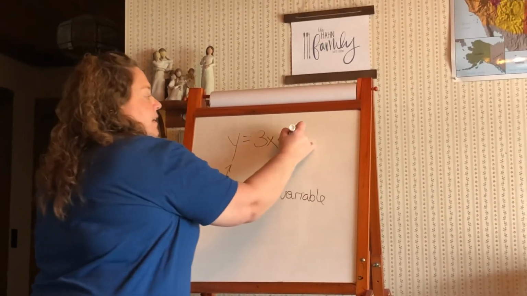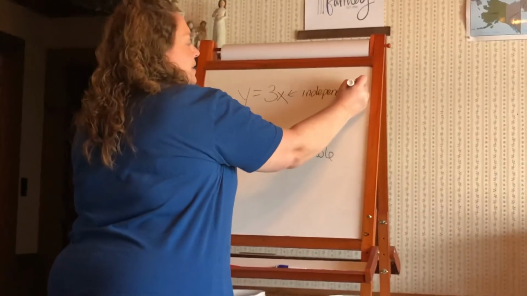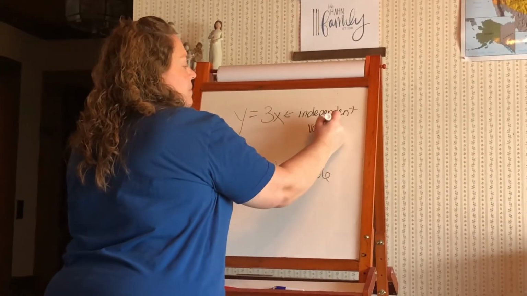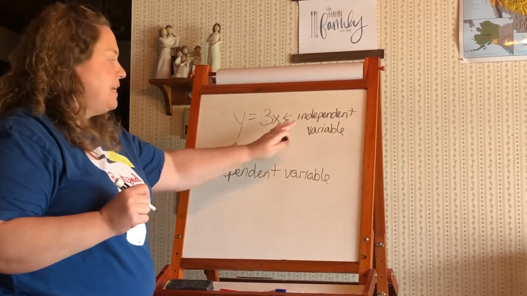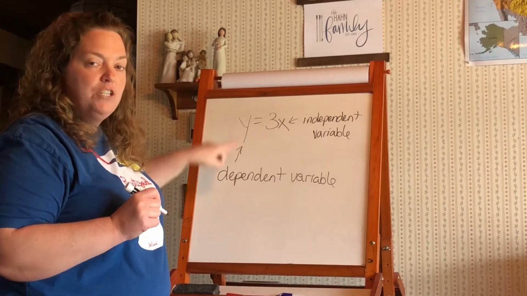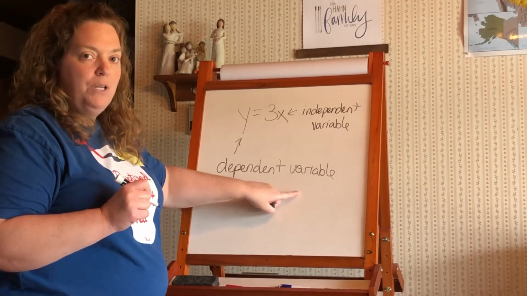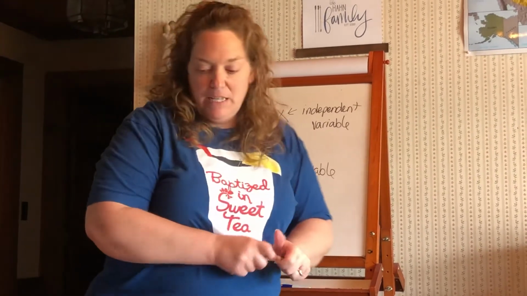This one is your independent variable. Whenever it's set up like this, whichever variable is by itself is your dependent variable. Whichever variable is within the equation is your independent variable.